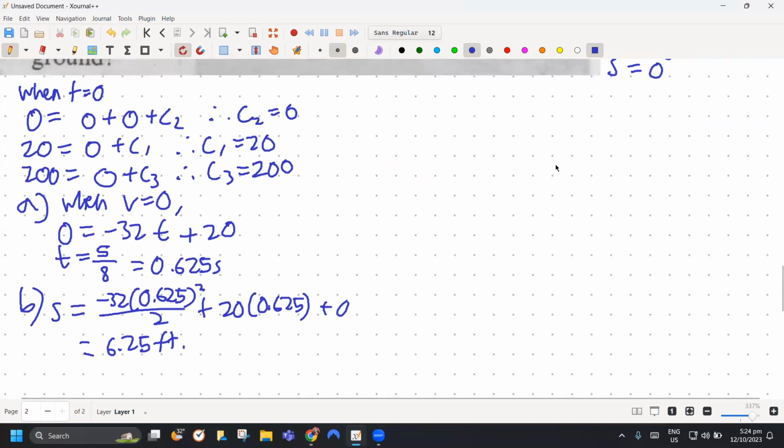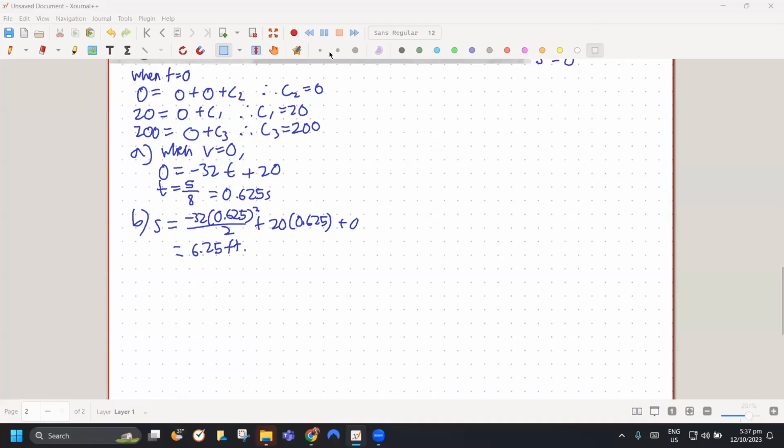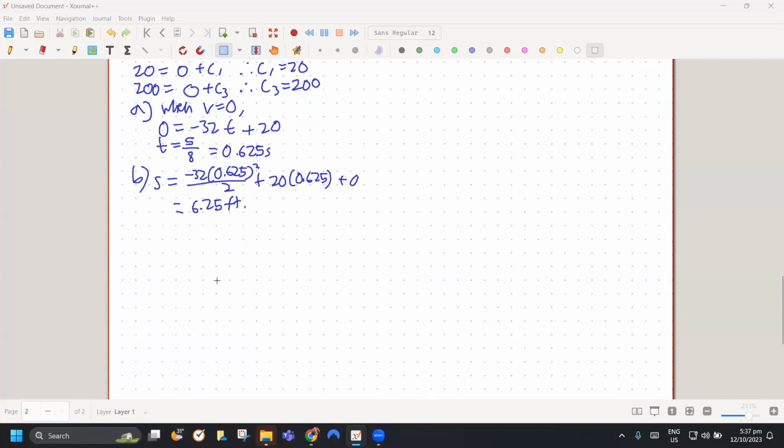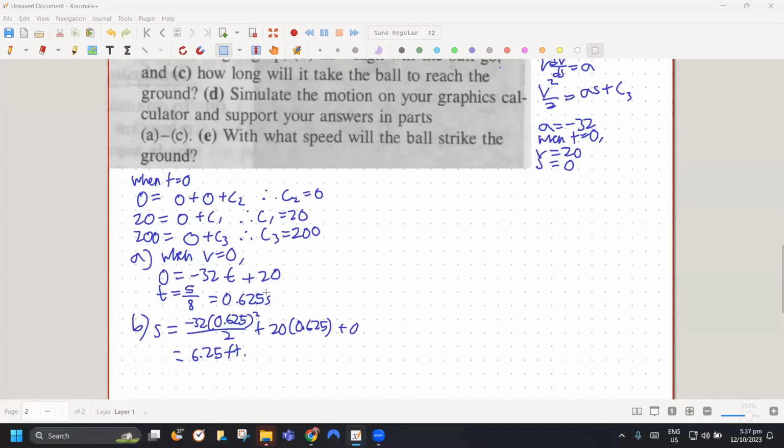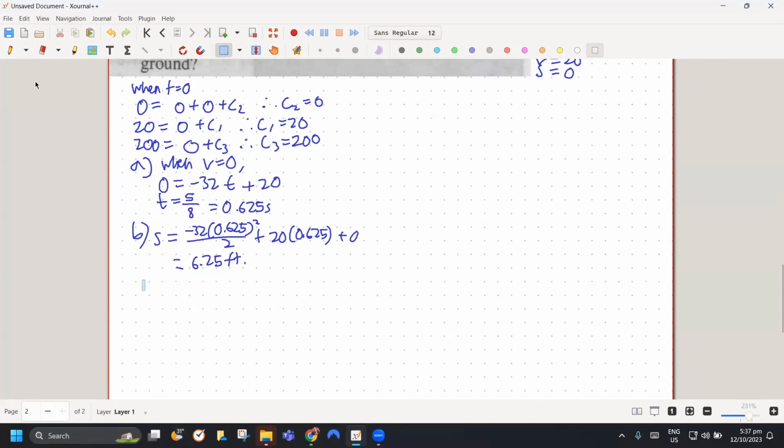Pag ginamit mo yung V-square equation, ano yung condition para dun sa maximum height? Yan na, ano ko na. Okay, anyway. So, kaya, ano siguro something's wrong. Anyway, ay, wait. Yun.